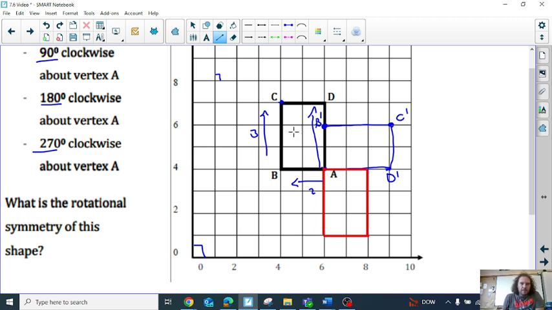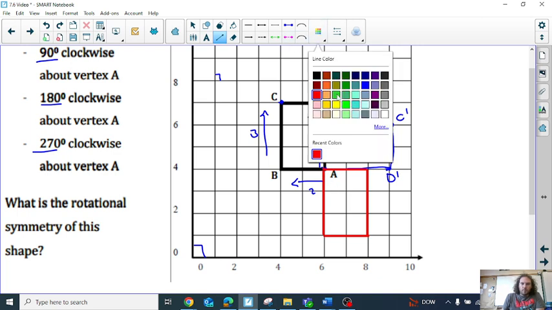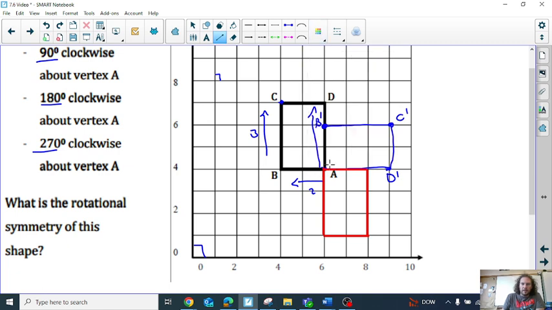And then finally 270 degrees. So there's my 90, my 180, my 270. And we'll do one more color here. My left going 270 degrees now goes down. My up going 270 degrees now goes left. And then finally point C is right here.